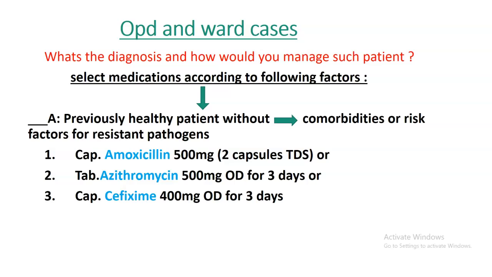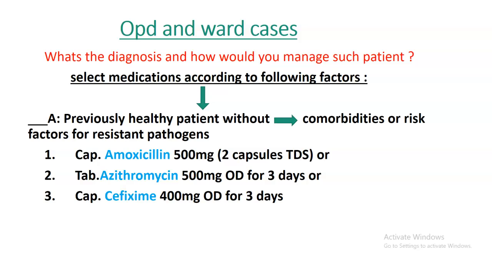I will be teaching in another upcoming video how to manage pneumonia in wards, in patients, and which medication should be used. So here, whenever you are going to select certain medications for the pregnant lady, you need to think about whether the patient is healthy, whether the patient has any comorbidities, or any risk factors for resistant pathogens.